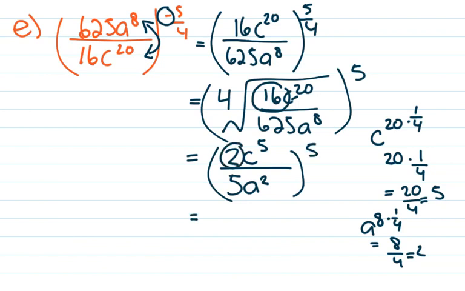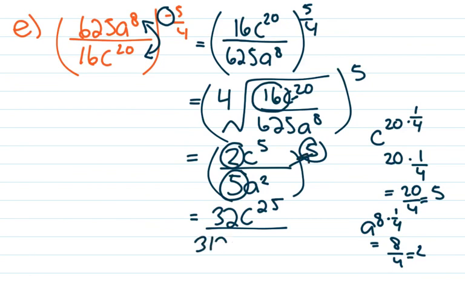So now I have 2 to the power of 5, which is 32. And then I have c to the power of 5 to the power of 5, which is c to the power of 25. Then I have 5 to the power of 5, which is 3,125. And then a squared to the power of 5, which is a to the power of 10.